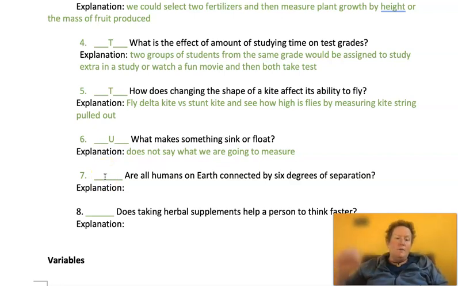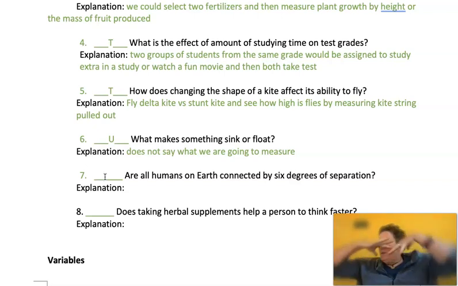Are all humans, that's a lot of humans, we're at about 7 billion going on 8, connected by 6 degrees of separation? Do you have the resources to test that all 7 billion humans are connected by 6 degrees of separation? That sample size is way too big.